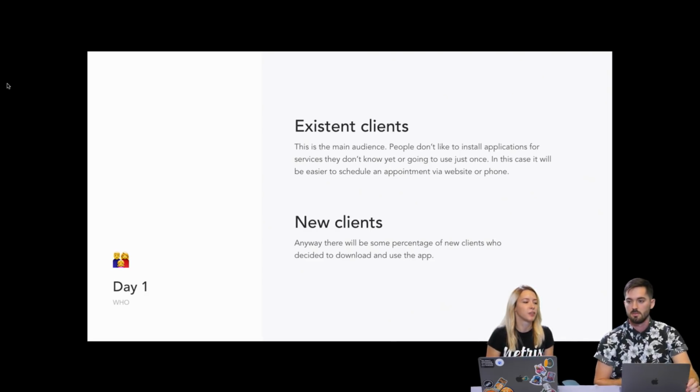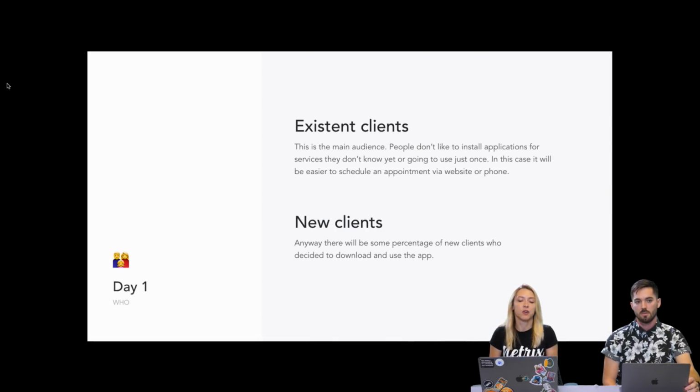People don't like to download applications from services they don't know, and it may be much easier to just visit a website than download an application to make an appointment. But for existing clients, where you can also provide useful information about their treatment, it can help. So our main audience is existing clients of this clinic.